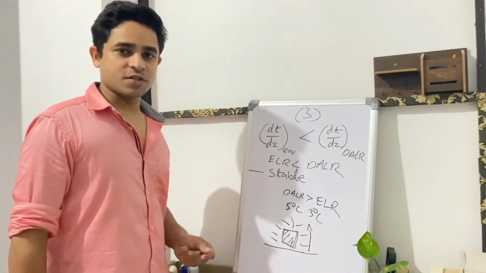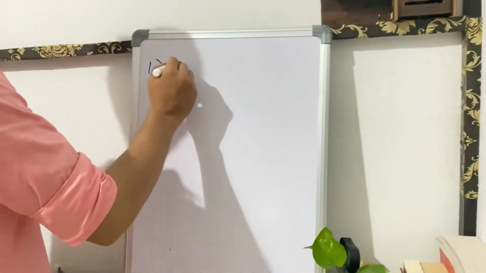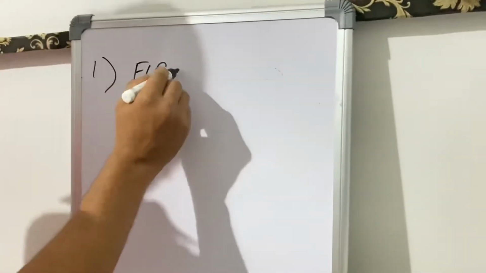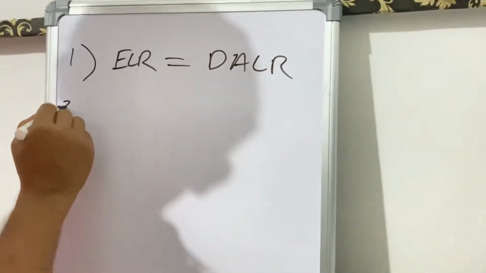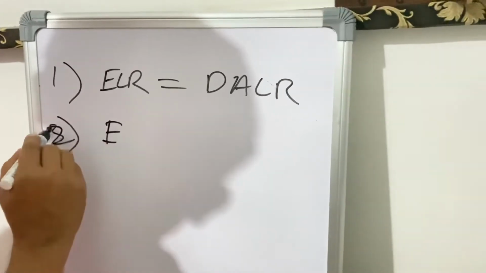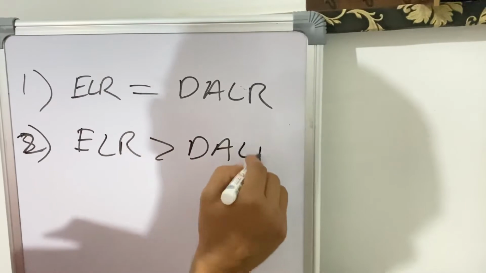So the three cases are: first case, ELR equal to DALR. The second case, ELR greater than DALR.